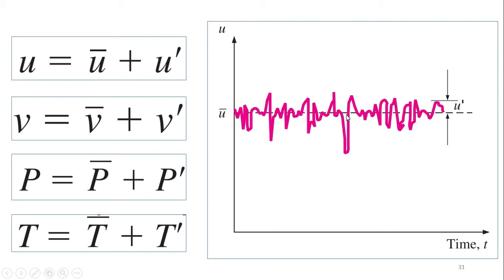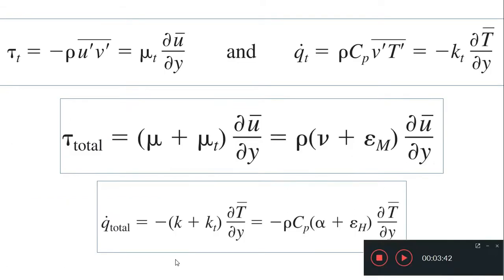So the instantaneous velocity comprises the mean velocity and the fluctuating velocity, and the fluctuating part is very small compared to the mean velocity. From the same expressions we can determine the instantaneous values of pressure and temperature.